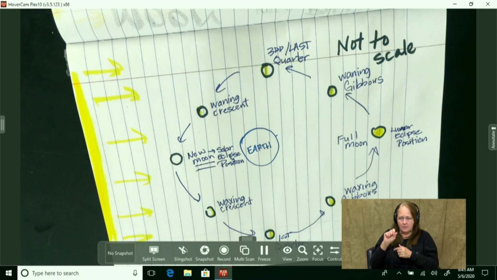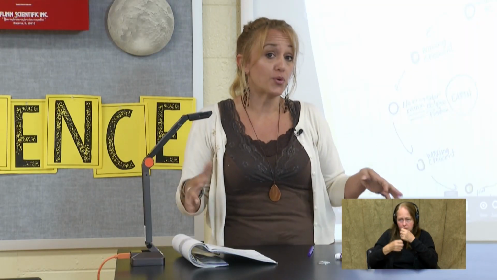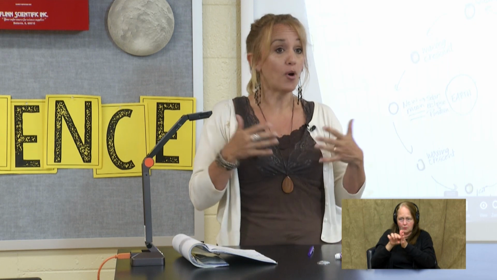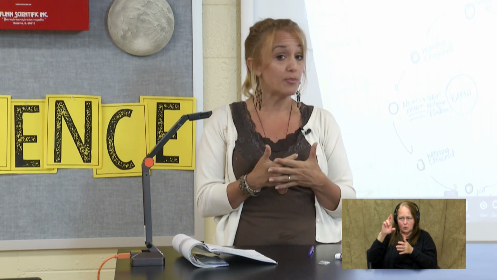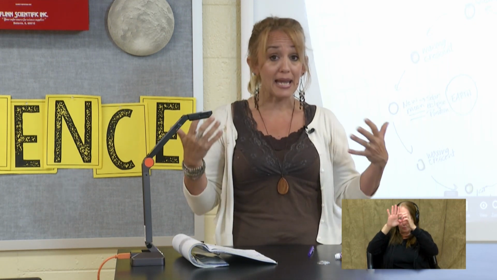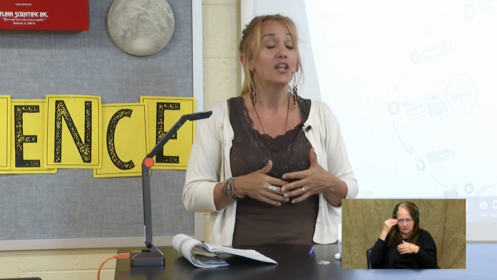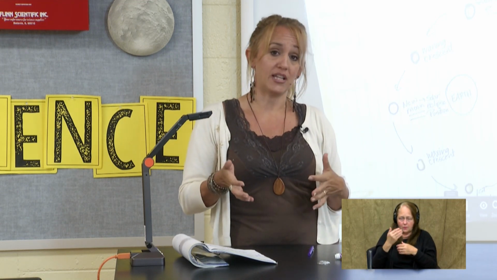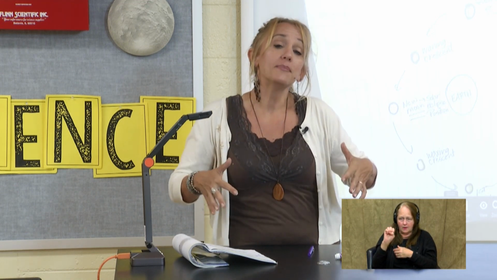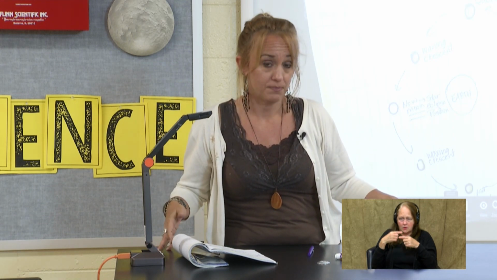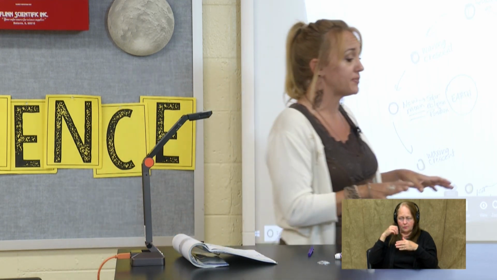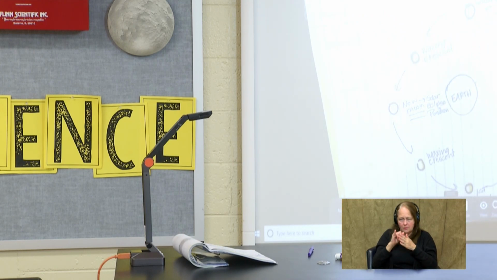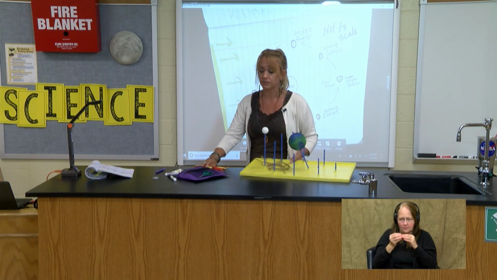You may remember 2 years ago when you were in 4th grade, we had a partial solar eclipse right at the beginning of school. So you may have some experience with that. Then we also have lunar eclipses. Eclipses are all about a shadow. Now let's clarify something with our model in phases of the moon before we add eclipses.